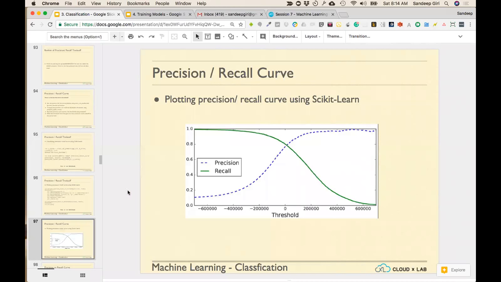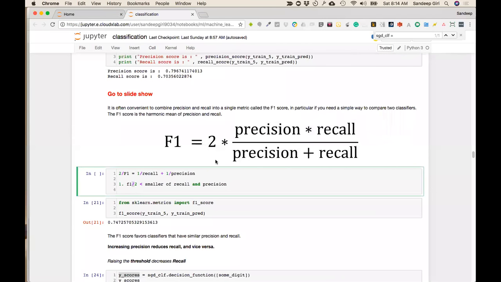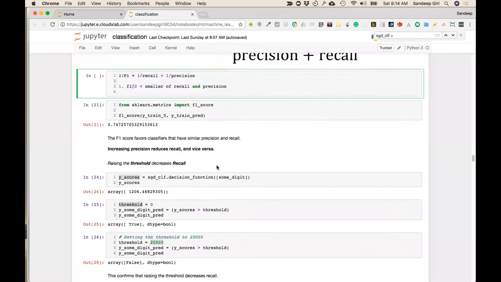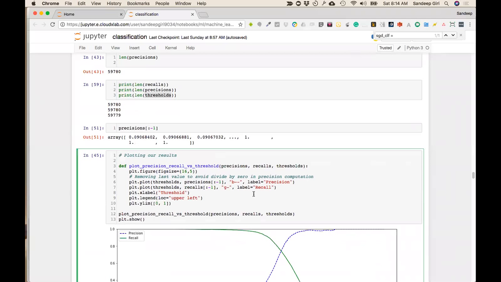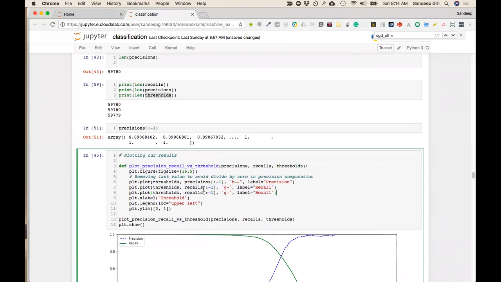We can actually do the computation of F1 along with the other values. We could do that some other time.